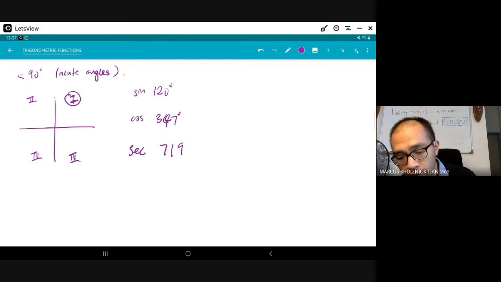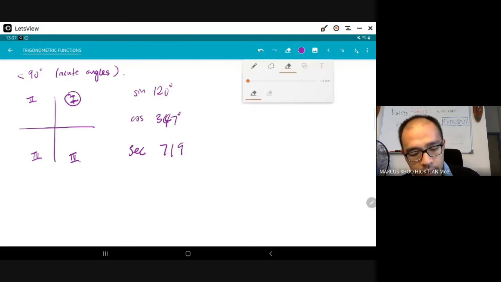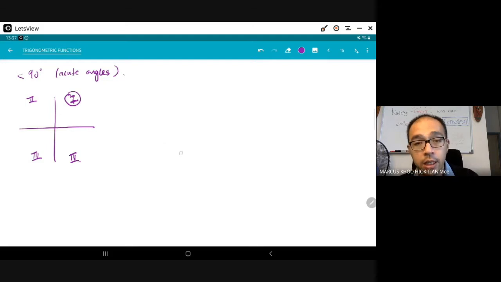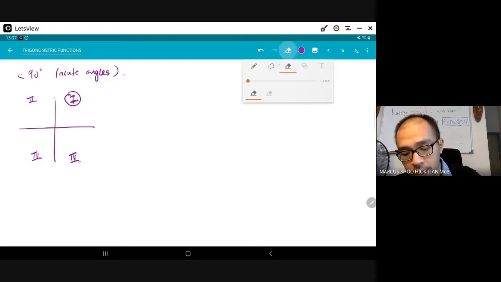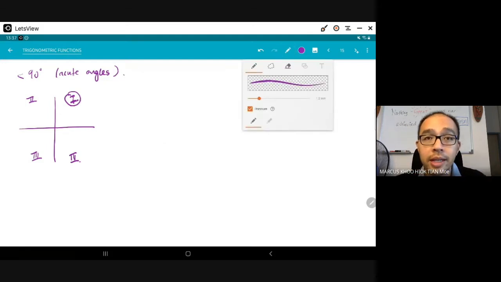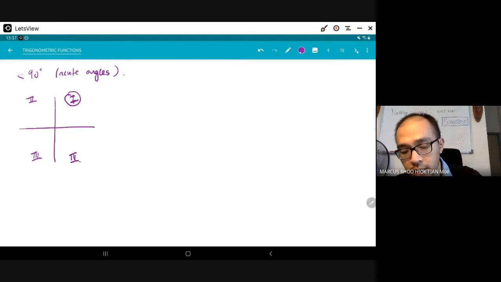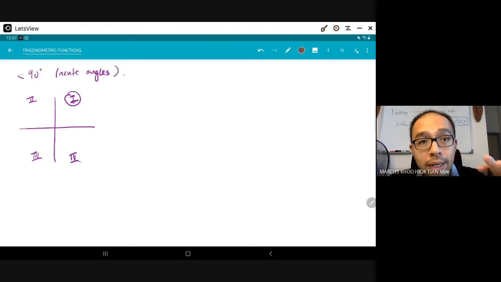First of all, let me tell you that in each of the 4 quadrants, there are what we call conditions. There are certain values that will bring you a positive value, and there are certain values that will bring you a negative value, depending on where the angle is in the quadrant.